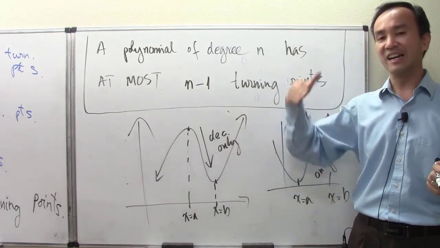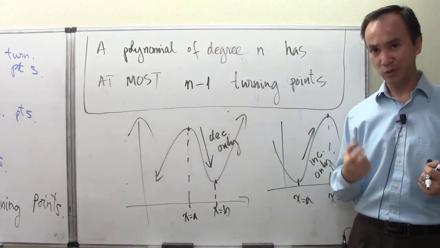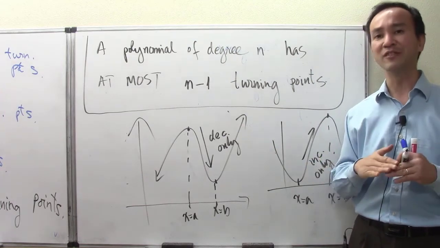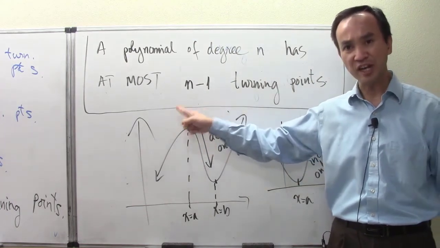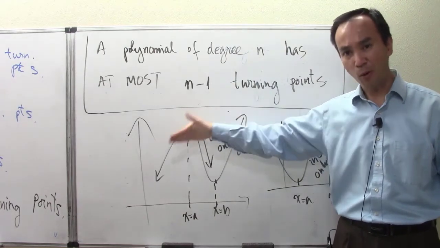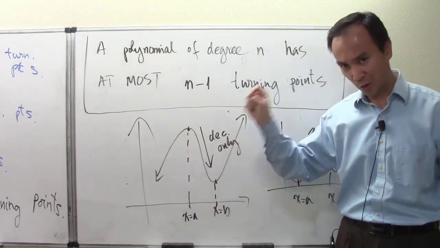And as you arrive at calculus, you will learn the solid technique that you will never go wrong, the solid technique to track down precisely how many turning points there will be in your given polynomial.